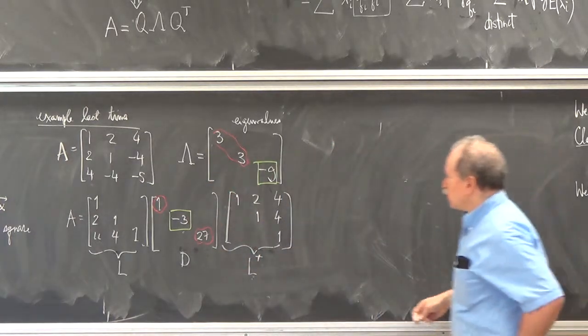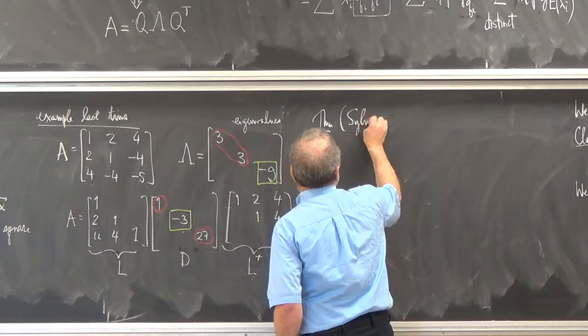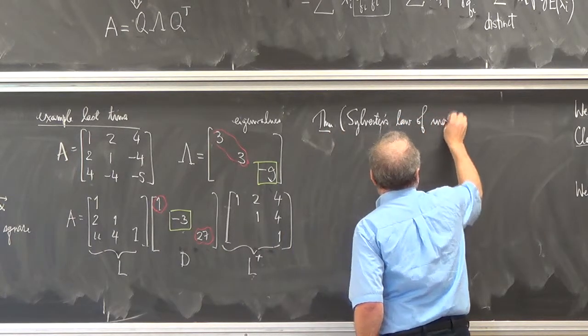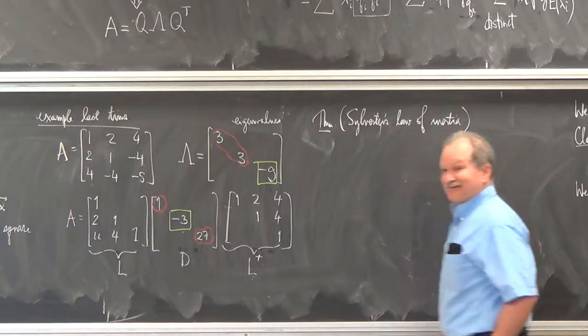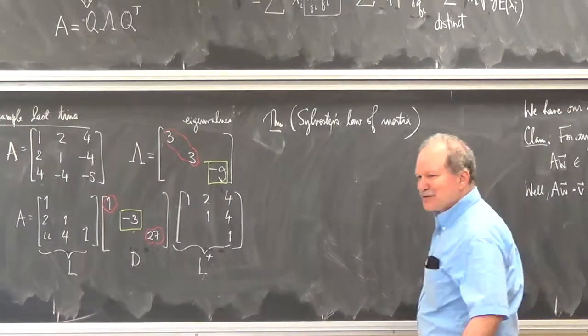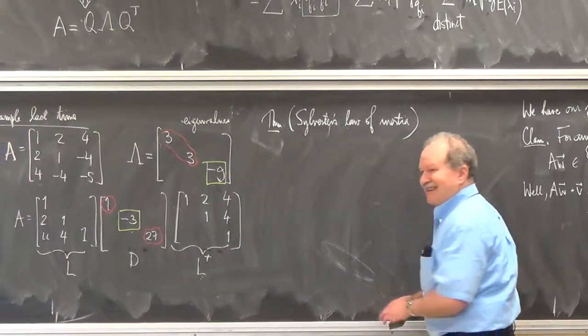So the beautiful theorem here is called Sylvester's law of inertia. Did you just make that up? No, I did not. Are you suggesting that I've lied to you all? It's always a possibility. At least one.